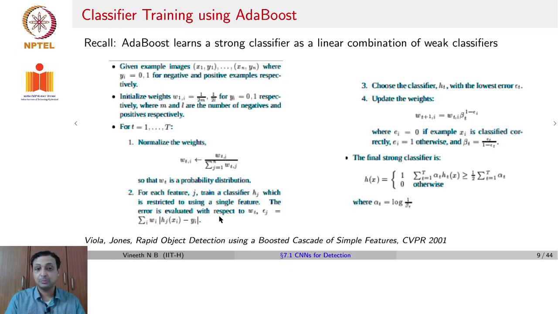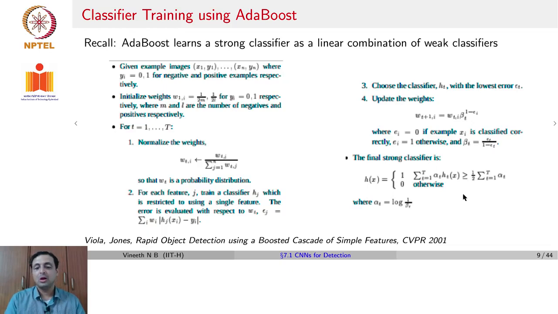The error with respect to this weak classifier is given by epsilon j, which is the sum of w_i times |h_j(x_i) - y_i|. Rather, h_j(x_i) is the output of this weak classifier, and y_i was the expected output. So it measures how close this weak classifier was to the expected output, multiplied by the weight of the sample that we are evaluating.